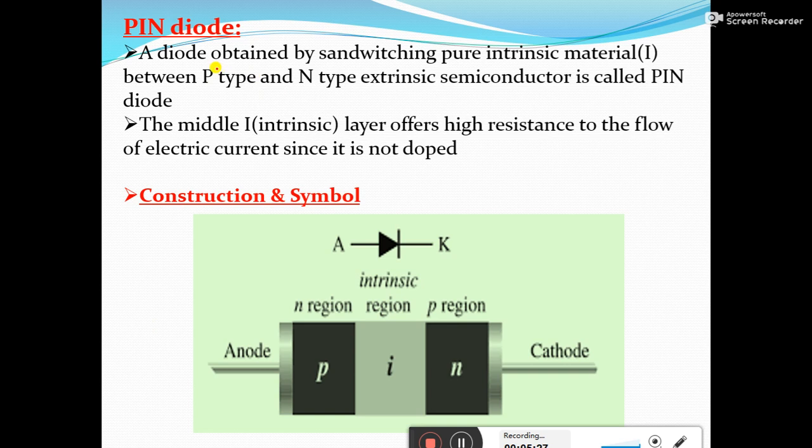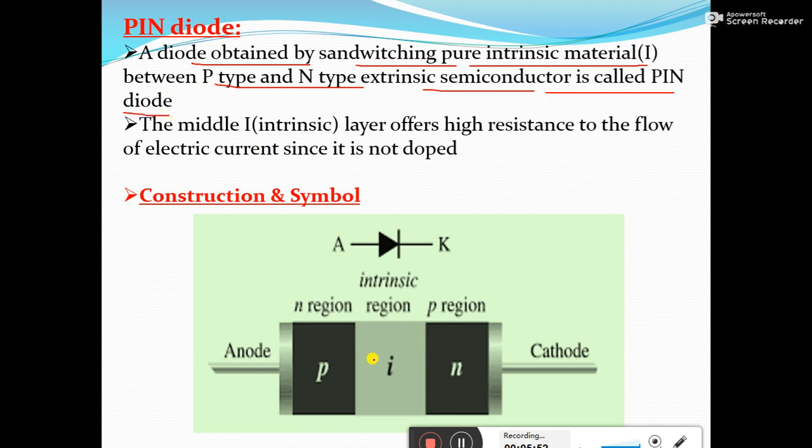Next one is the PIN diode, that is, the P layer, intrinsic layer and N layer diode. This is the diode obtained by sandwiching a pure intrinsic material, I, between P type and N type extrinsic semiconductors, and it is called a PIN diode.